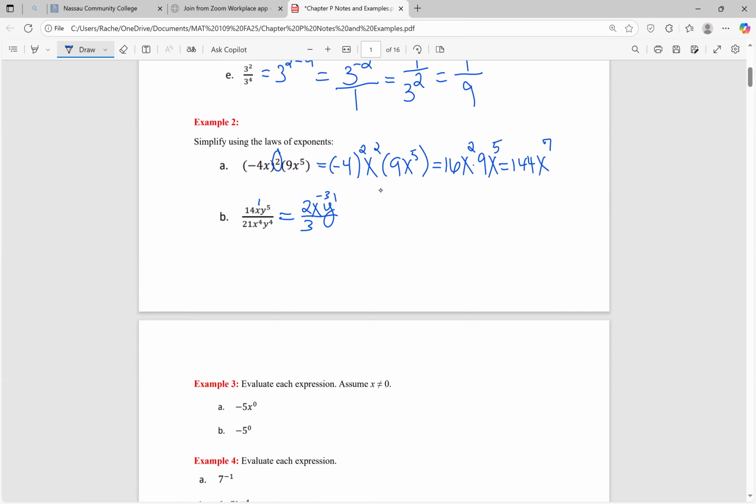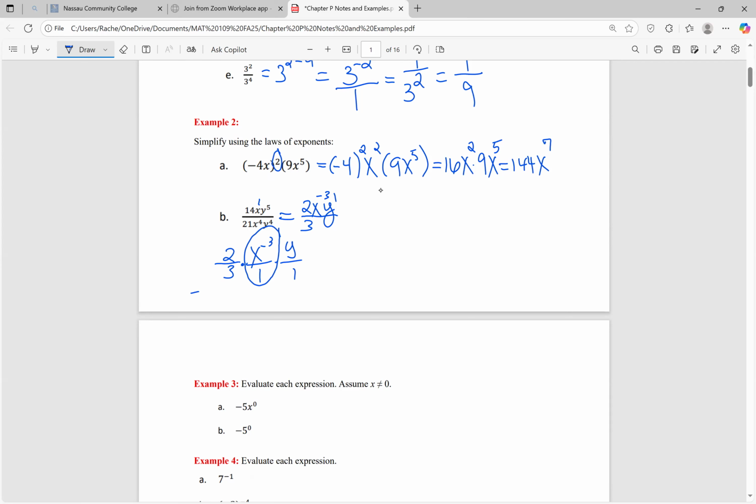So you could think of this x to the negative 3 as being over 1. Like I said before, think of this as 2/3 times x to the negative 3 over 1 times y over 1. If I take the reciprocal of x to the negative 3 over 1, I'm going to end up with 1 over x to the positive 3.